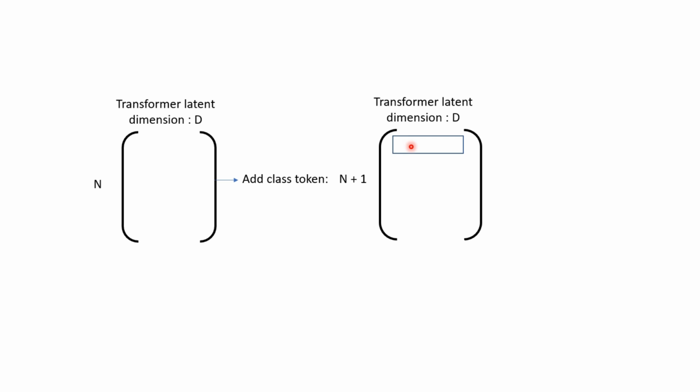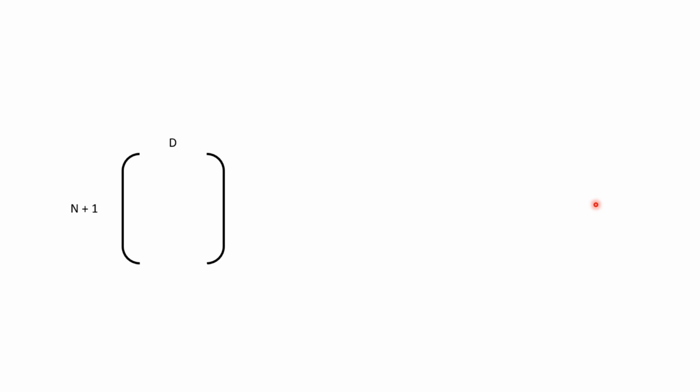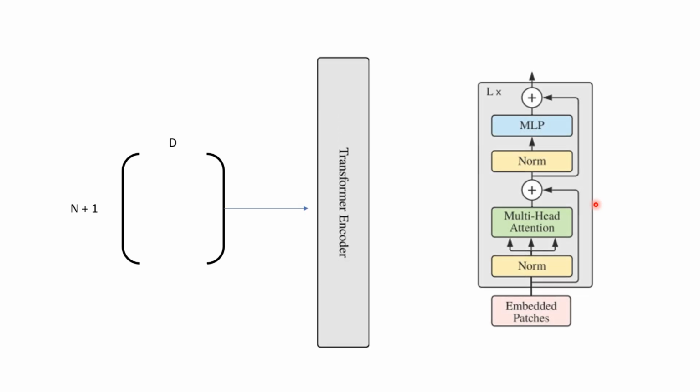In addition to the class token, the model adds a positional encoding, which is another learnable matrix. This encoding is added to the input matrix to provide information about the spatial relationships between the patches. The resulting matrix is then passed through multi-head attention and dense layers in the transformer encoder.